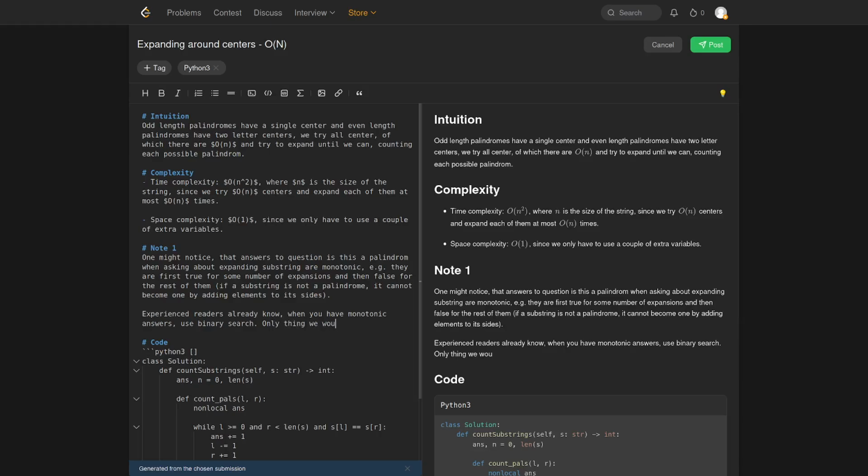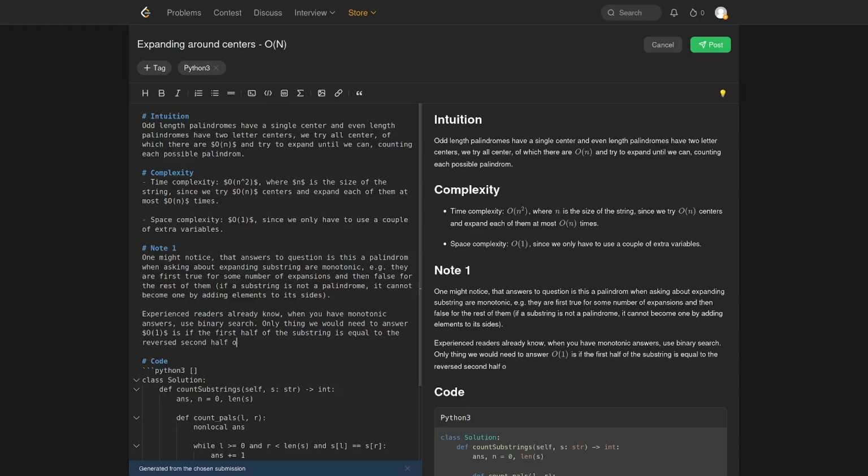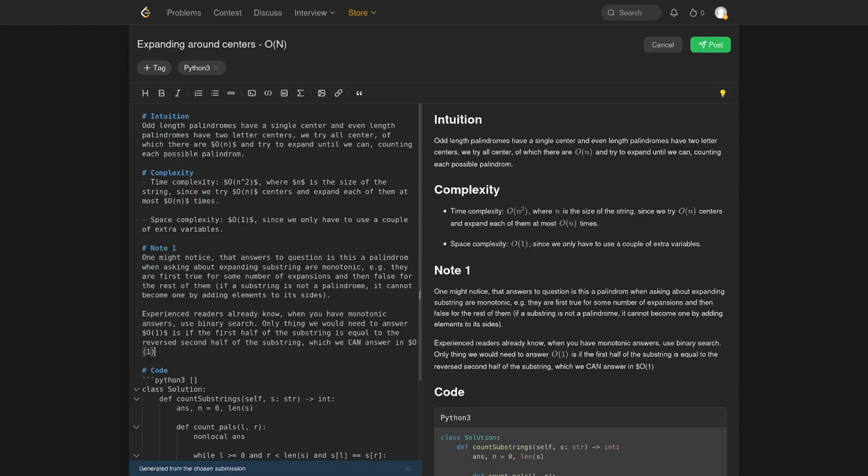The only thing we would need to answer in O(1) is if the first half of the substring is equal to the reversed second half of the substring, which we can answer in O(1) with rolling hash.